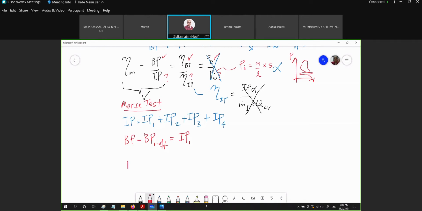Kita dah takrifkan BP ni adalah sama dengan IP 1 plus IP 1 off plus IP 2 off plus IP 3 off plus IP number 4 off. Ini kita dah belajar sebelum ni.